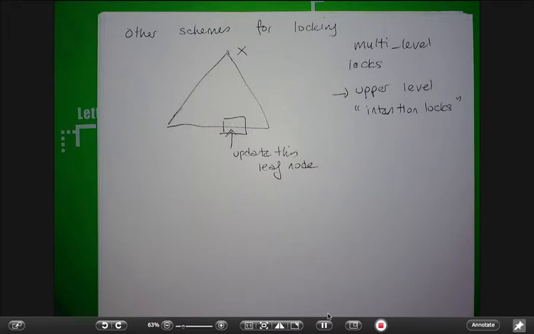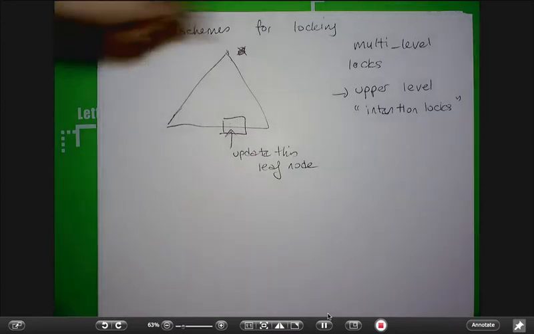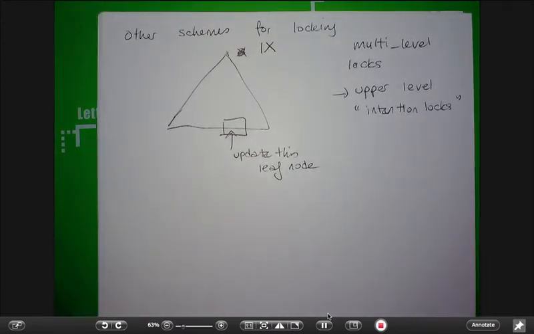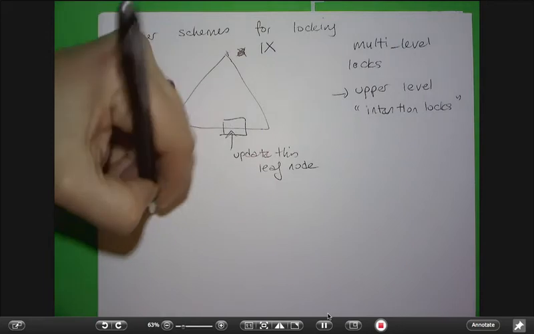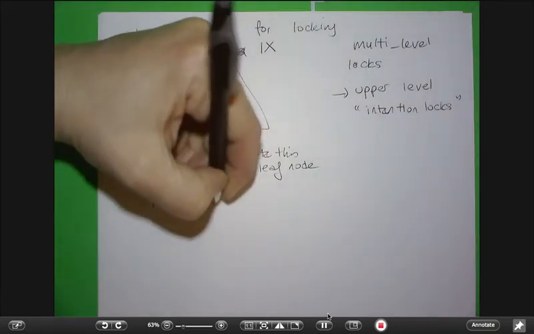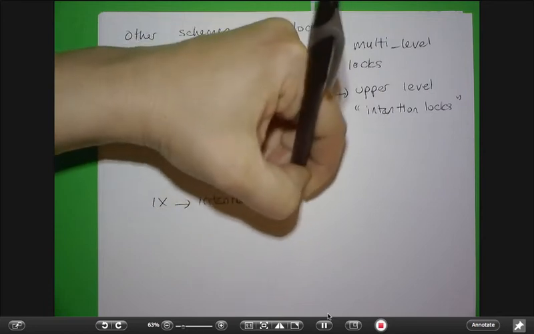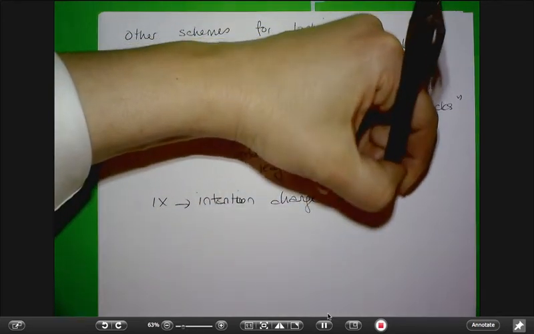That's what you write at the root node. So instead of saying that I am going to lock this whole index, I'm going to say I'm going to change something below. So this is my intention to change something below the root node, right? So IX just means intention to change a node below.